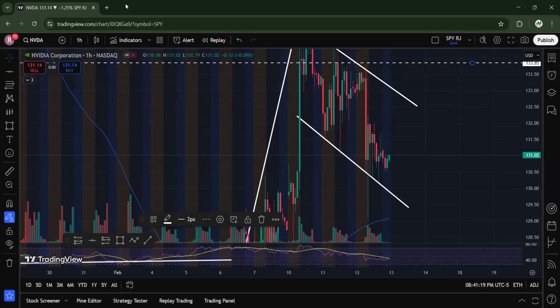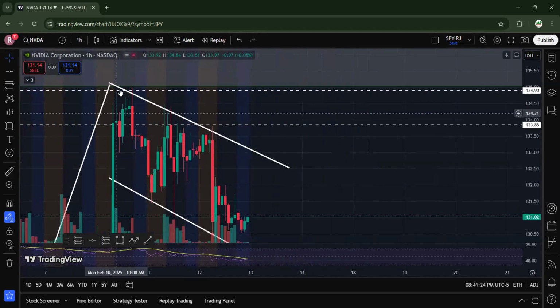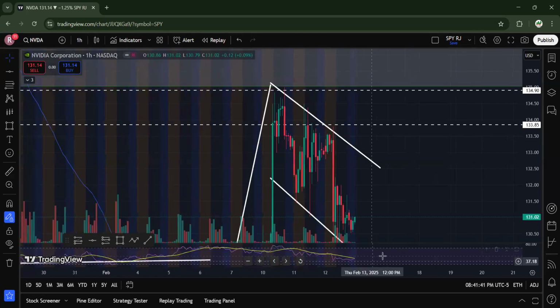If it breaks that, that's the point where you could try to front run it because as of right now, it's trying to make these little lower highs at the moment. It'll be breaking that if you break this point here. So not only will you be breaking a level, you also be breaking the flag. What's that P word? Probability.